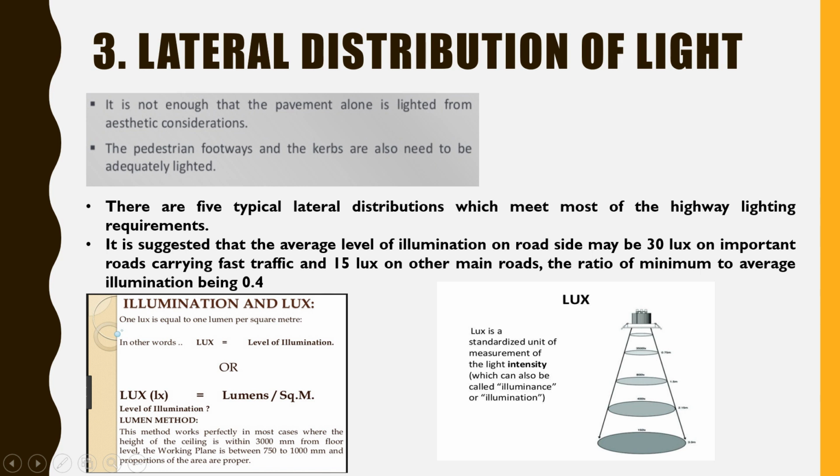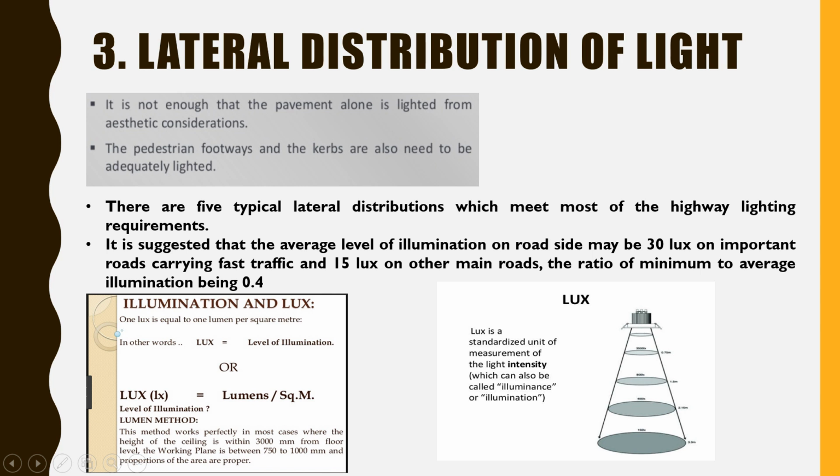So there are 5 typical horizontal distributions which meet most of the highway lighting requirements, and it is suggested by the Indian Roads Congress that the average level of illumination on roadside may be 30 lux on important roads carrying fast traffic and 15 lux on other main roads. The ratio of minimum to average illumination being 0.4.